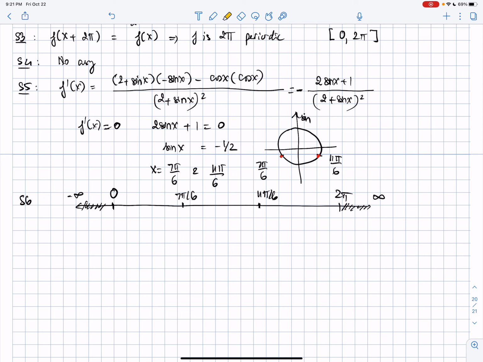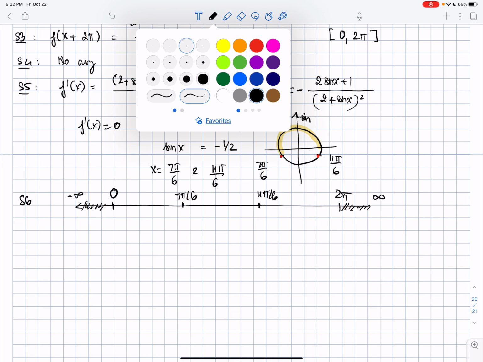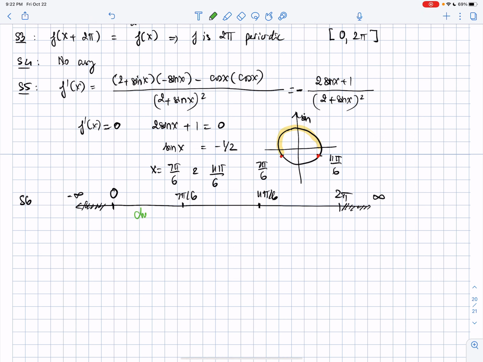Okay, so from 0 to 7 pi over 6, we will plug in a test point, for example, we can check pi over 2.